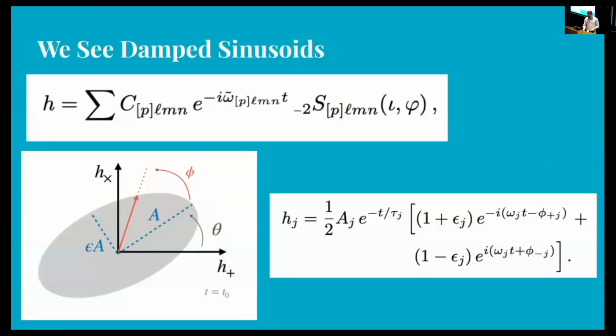Now we had two talks, an hour and a half plus this morning, about what ring downs look like. They look like this sum over modes. P there is the number that controls whether it's a prograde or retrograde mode. There's an angular pair of quantum numbers L and M. There's a radial, not quite, but whatever, radial quantum number N. There are complex frequencies, and spheroidal or spherical harmonics. Ultimately, when this goes into a detector, none of that is available to us.